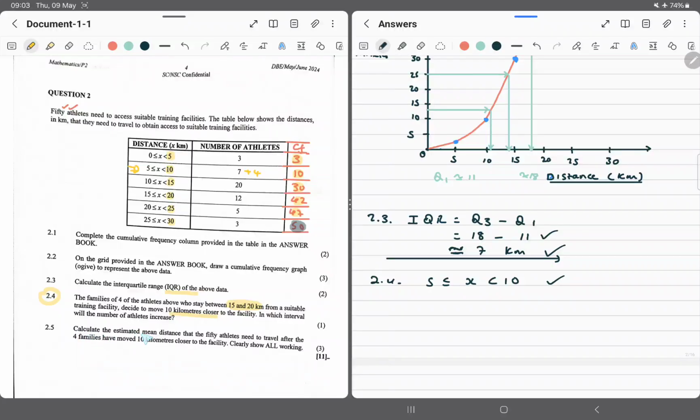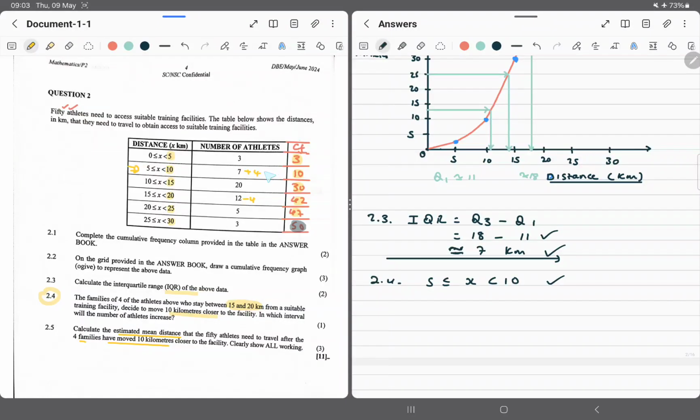And then we are told here to calculate the estimated mean distance that the 50 athletes need to travel after the 4 families have moved 10 kilometers closer. So we know that now something is going to change here. From 12, we subtract 4. We'll assume there's only one athlete per family because they didn't tell us.